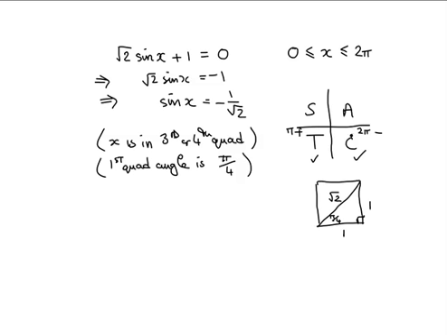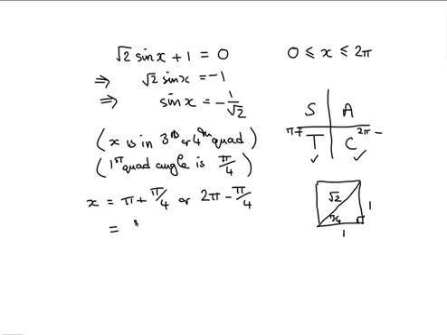And we backtrack with the first quadrant angle. So x is equal to, for third quadrant, pi plus pi upon 4, or for the fourth quadrant, all the way down to 2 pi, and then backtrack by pi upon 4. Take away pi upon 4.